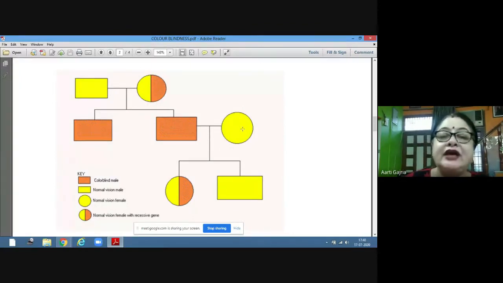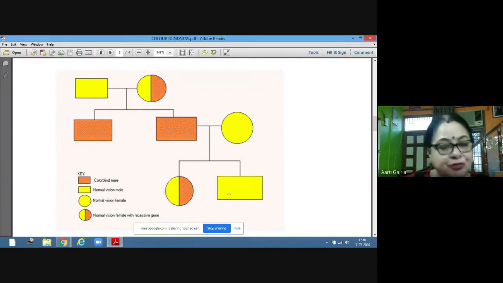Now, this is not the daughter; these two are the sons. If an affected male gets married to a normal female who is not even a carrier, the probability is that the daughter would be a carrier and the son would be normal.